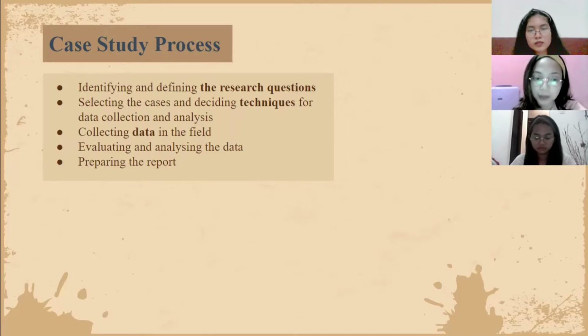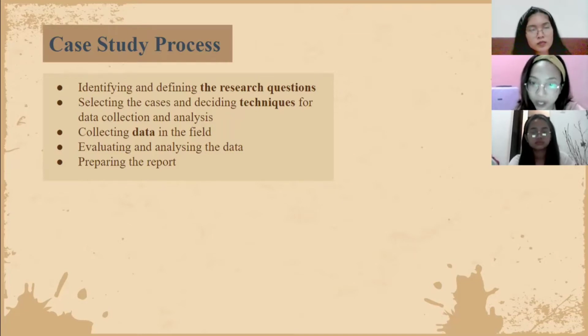And the third one is collecting data in the field. In order to develop a thorough understanding of the case, the study approach usually involves the collection of multiple sources of evidence, using a range of quantitative and qualitative data. The use of multiple sources of data, or data triangulation, has been advocated as a way of increasing the internal validity of a study.